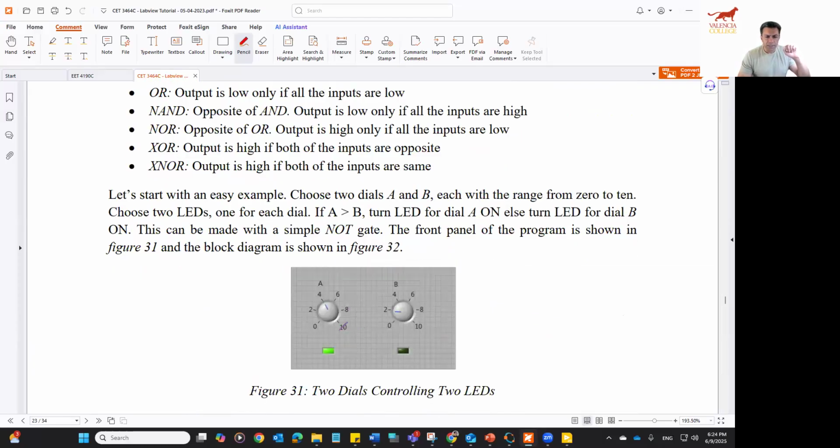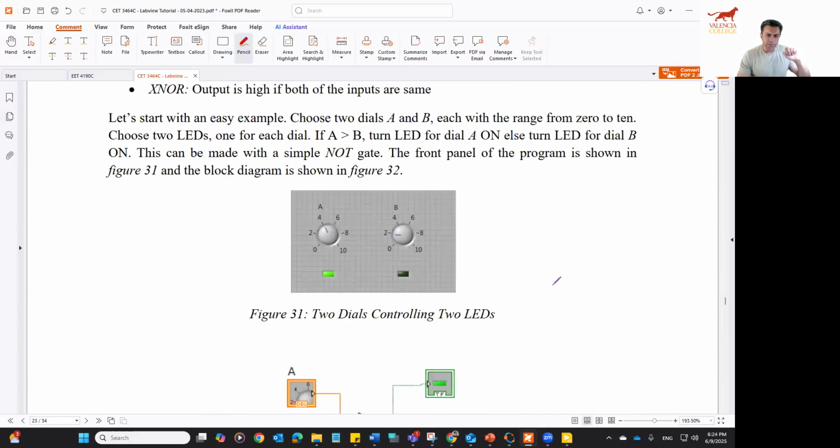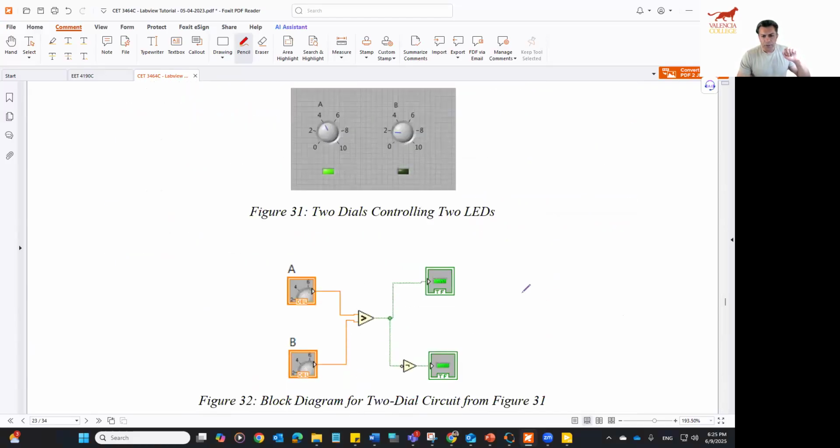In this one, basically, we have two dials and we have two LEDs. And the idea is if dial A is greater than B, then the LED of A will be on, and if dial A is less than or equal to B, then LED2 will be on. So here I'm using, of course, a comparison function.